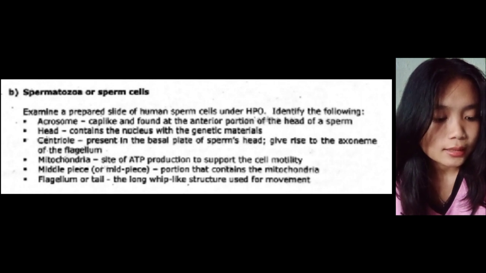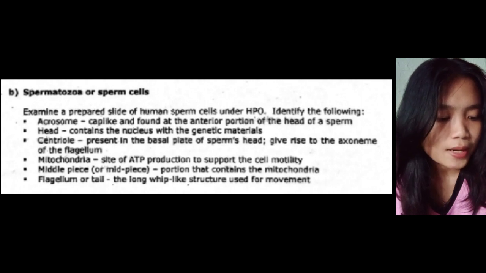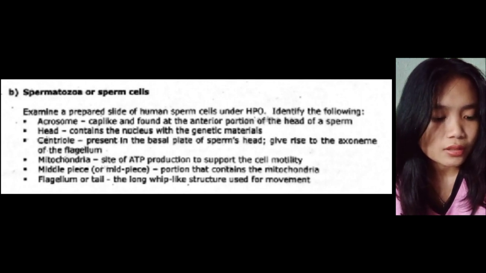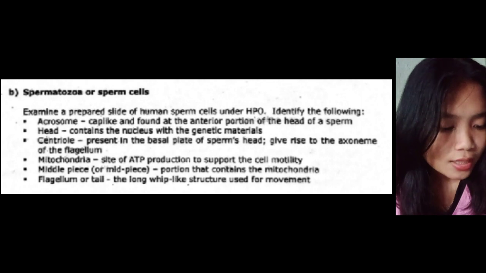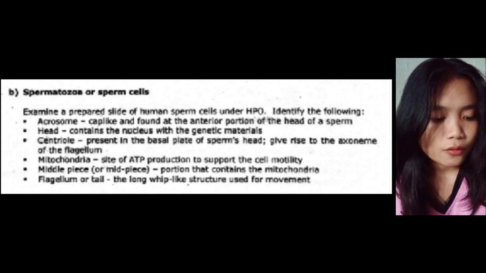Then second, head, contains the nucleus with the genetic materials. Third, we have centriole, present in the basal plates of the sperm's head, gives rise to the axoneme of the flagellum.